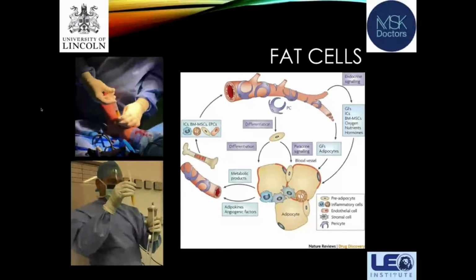But actually the more important feature with these fat cells is that they form a very soft layer between the two damaged surfaces. If you remember the X-ray that I showed you before about the bone-on-bone surface, by injecting a bit of fat in there, we are stopping these two bones rubbing together. So it does have some mechanical benefit.